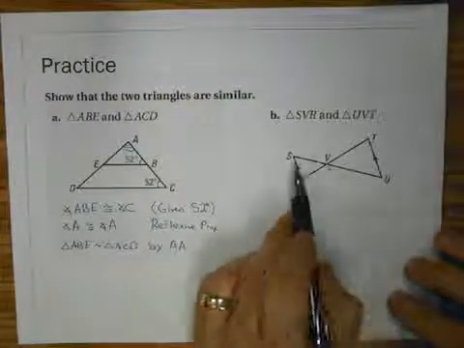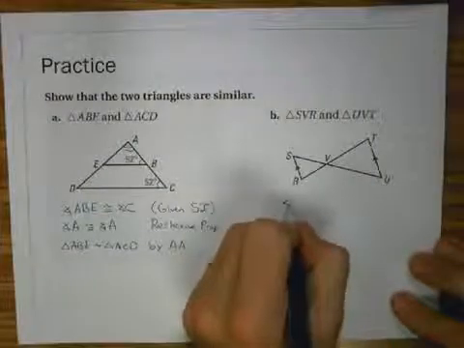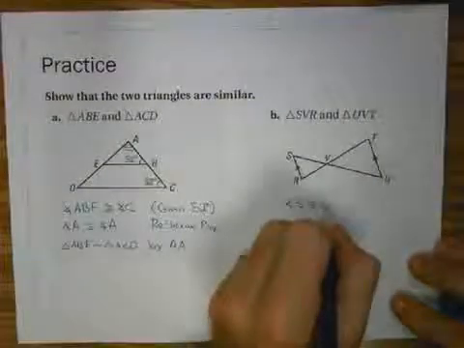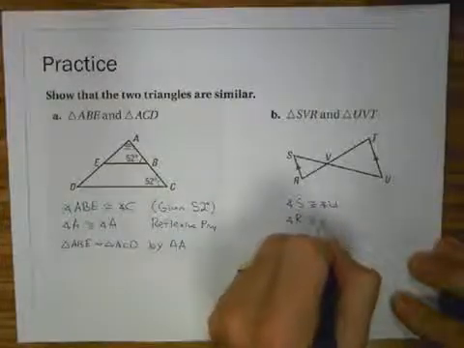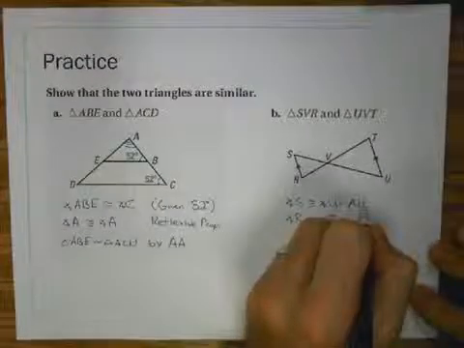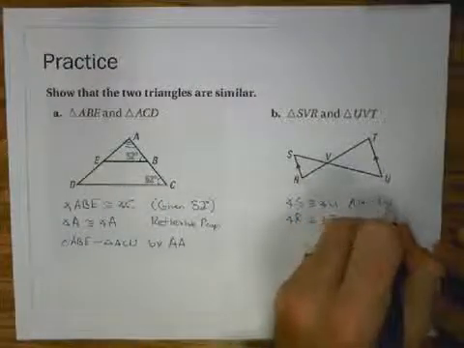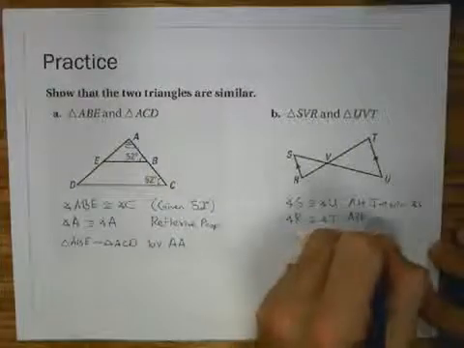Our next one. Okay, well, I have V is where the two triangles meet. I have parallel lines. This looks a lot like the one we just talked about. I know that angle S is congruent to angle U. I know angle R is congruent to angle T. I know each of these are alternate interior angles.